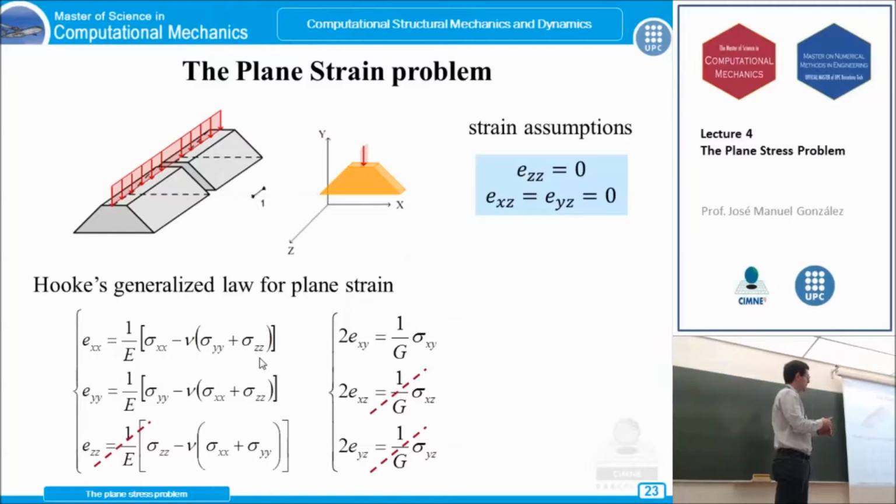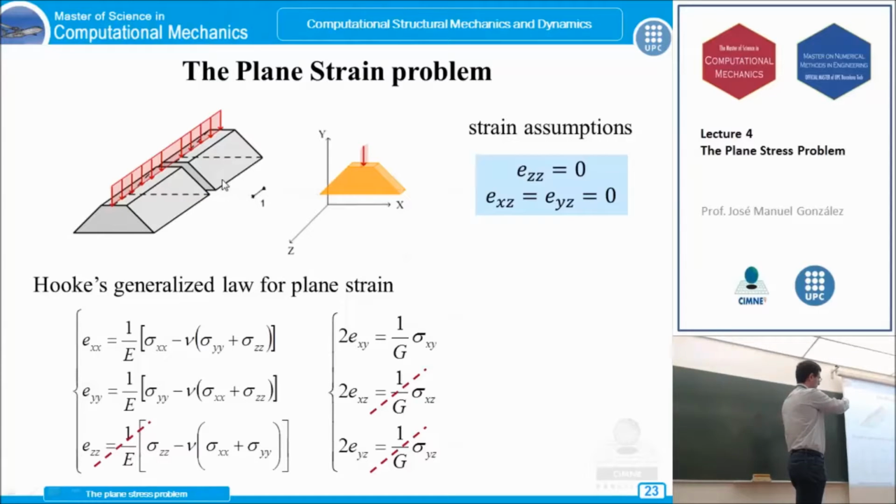And we have a sort of twin problem for plane stress, which is the plane strain problem, which is quite similar. But now, imagine that we have a domain which is equal in the same direction, z. So this z direction is the one here. This is the cross section.